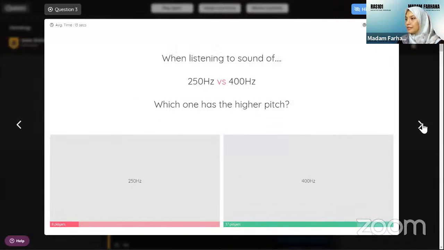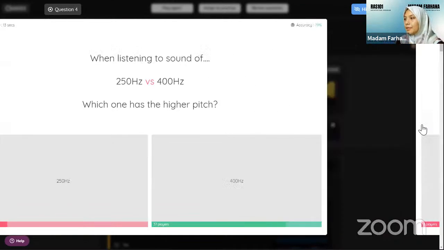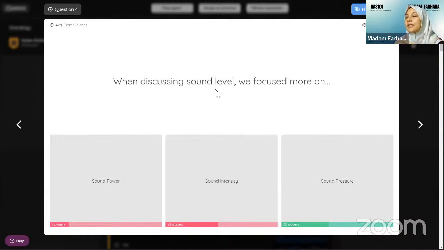And then, okay, this one I even shared with you with the online platform on how this sound is different. So of course the higher frequency is higher pitch. So when discussing sound level, we focus more on sound pressure.